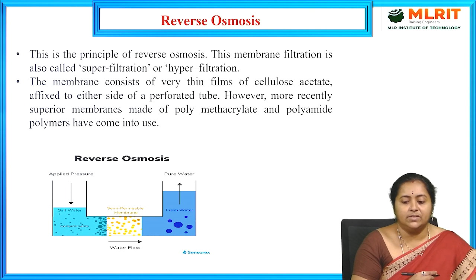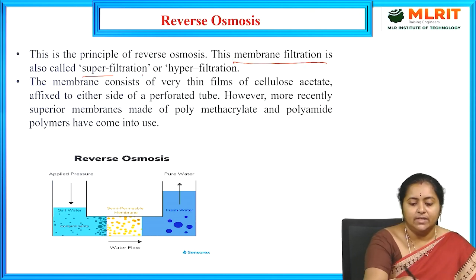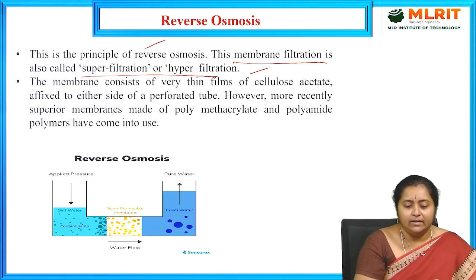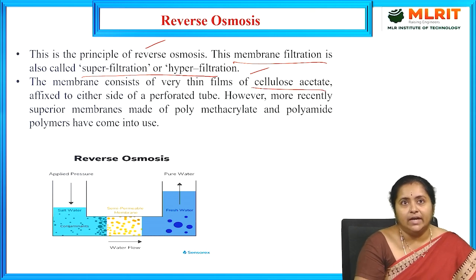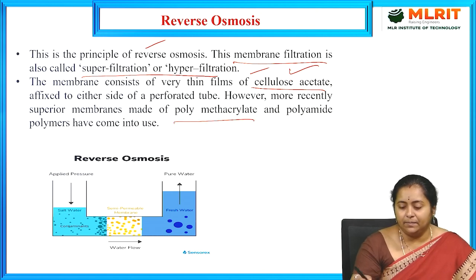Since we are using a membrane filtration technique, it is also known as superfiltration or hyperfiltration. As I told you, this principle is known as the reverse osmosis principle. In place of the membrane, we make use of cellulose acetate, and nowadays cellulose acetate is replaced with polymer materials like polymethyl methacrylate and polyamide.